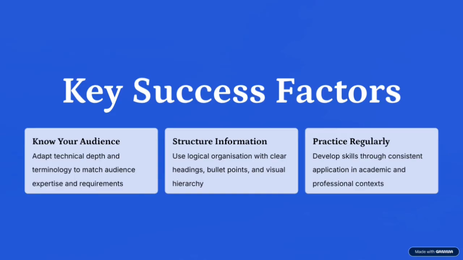Then, in accordance with their understanding, you need to use the technicality of the language and the technical details of that concept. If your audience is not very literate, don't use too many difficult words or expert terminologies. Rather, keep it very simple.